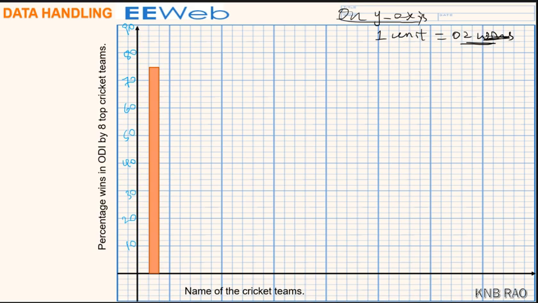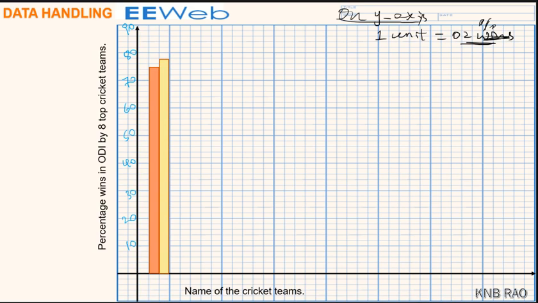So rather than wins I can say 2%. 2% of winning will be 1 unit. So 75% is won by South Africa from Champions Trophy to World Cup 2006. With this color I have plotted that.